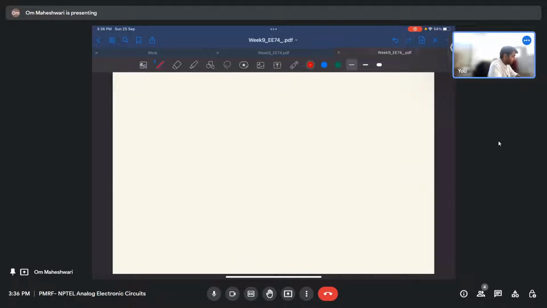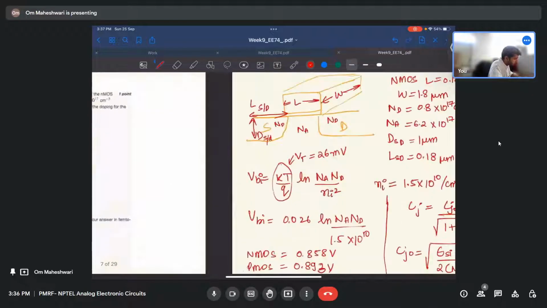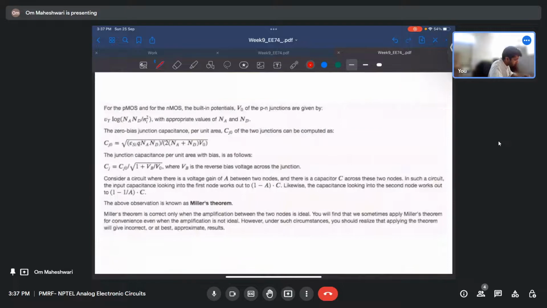Okay, so let me first tell Miller's theorem. I think it's stated here also in the question itself. So in Miller's theorem, where does this come into place? Let's say this is NMOS, this is output and input, right?